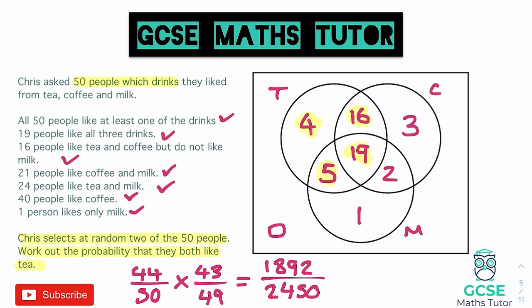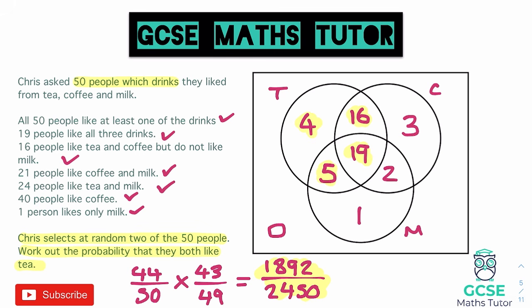So when it comes to this, of course, you could be asked different questions. You could have just been asked, what's the probability of one person that likes tea? In which case you would have just said 44 out of 50. It could have also rephrased the question and it could have said, work out the probability that they only like tea.